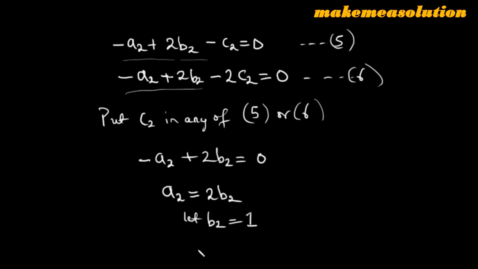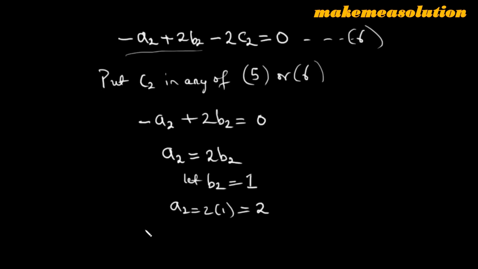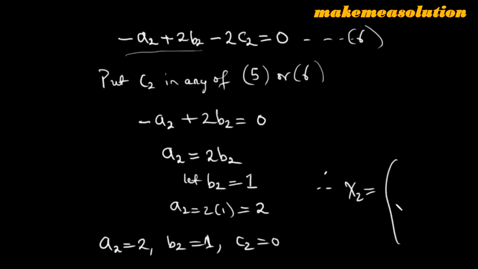If b2 is 1, what is a2? a2 will be 2 times 1, which is equal to 2. So we have 3 values already from this eigenvector: a2 is 2, b2 is 1, and c2 is 0. Therefore our x2, which is a2, b2, c2, the base form of our eigenvector, is 2, 1, and 0.